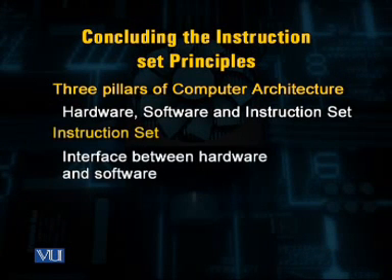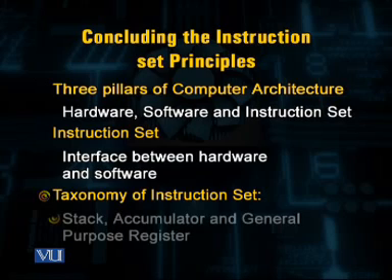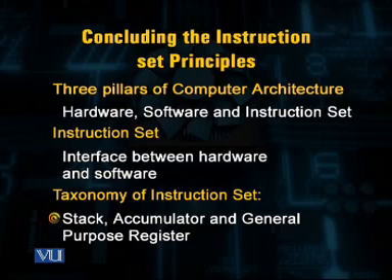Then we said the instruction set is basically a means to provide an interface between the hardware and the software. Then we talked about the taxonomy of the instruction set architecture, where we discussed the stack type, the accumulator type, and the general purpose register type of architecture.